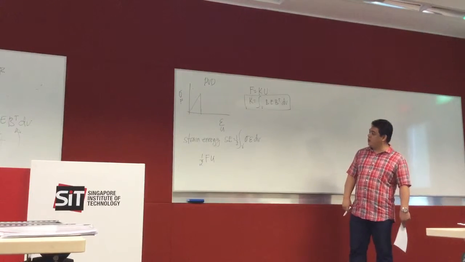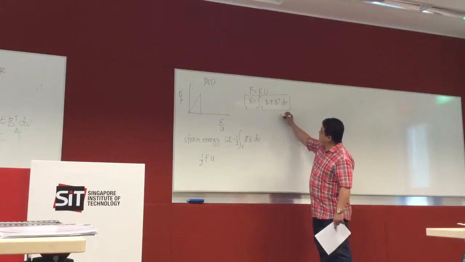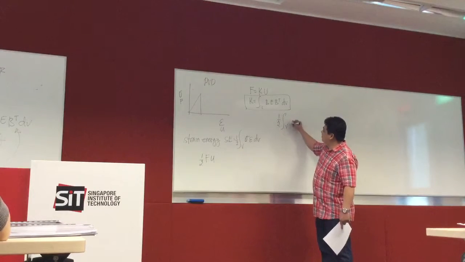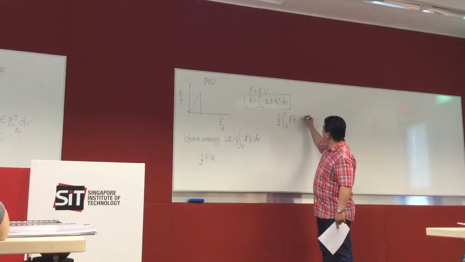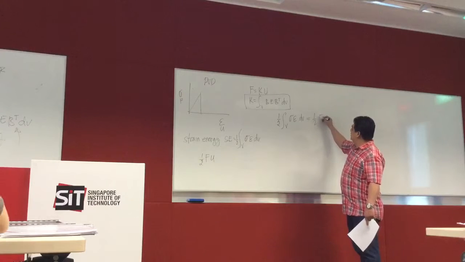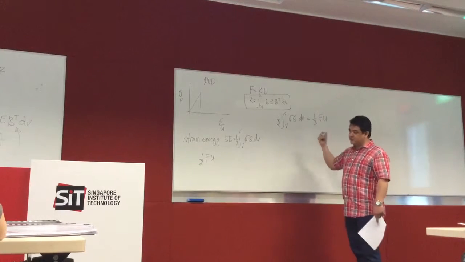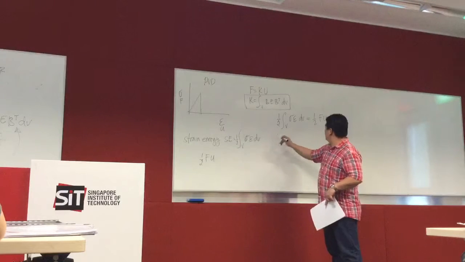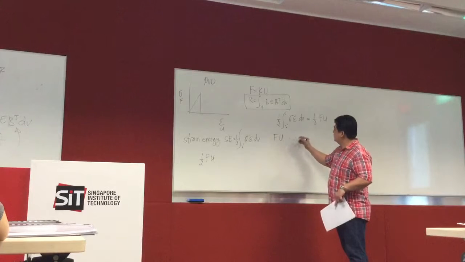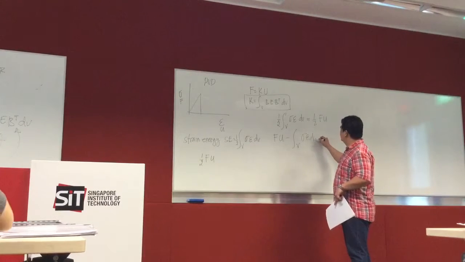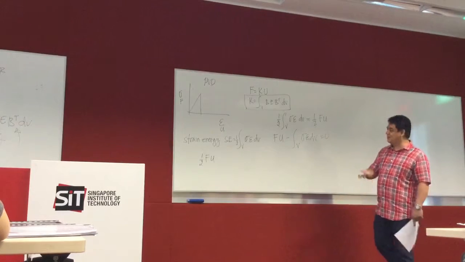So we can now equate this one here, 1/2 the volume integral of this one, dV, equal to 1/2 that force multiplied by that displacement if you apply a force. So we can have this one to be F multiplied by that displacement minus that strain energy equal to 0. So that's the first step here.